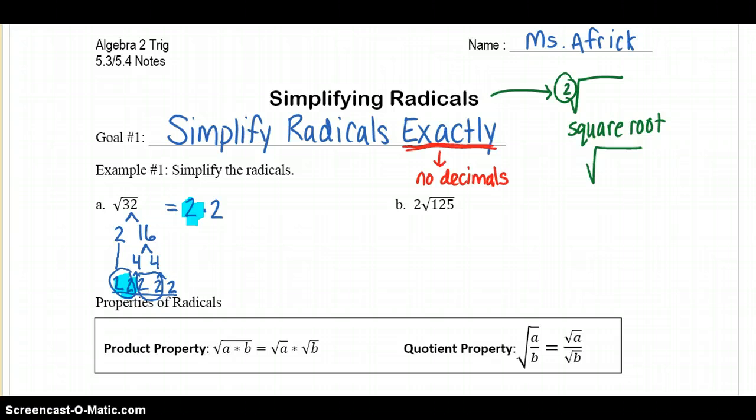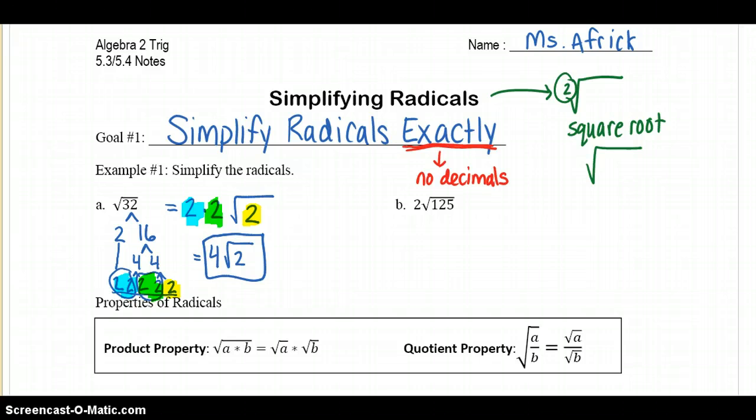Alright, I have another pair of 2's right here, so I'm going to pull another 2 out. Okay, and then I'm left with this 2 that doesn't have a pair, and that means that 2 gets to go on the inside, or underneath the radical. Okay, so every pair gets one of it to come out, and then when it's left over, it stays on the inside. And then I simplify this. 2 times 2 is 4, so 4 times the square root of 2. And that's my final answer.